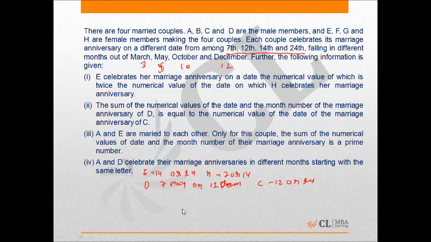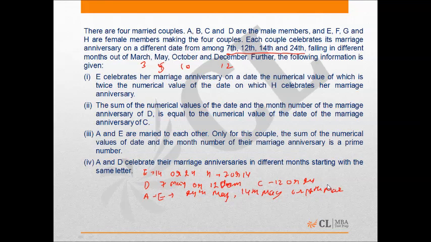And 14 plus 3, which is 17, is a prime number. So A and E can celebrate their marriage anniversary on either 24th May, 14th May, or 14th March.